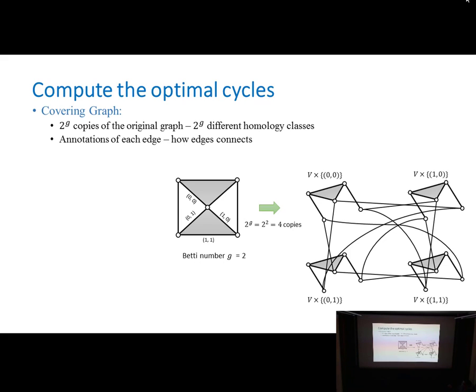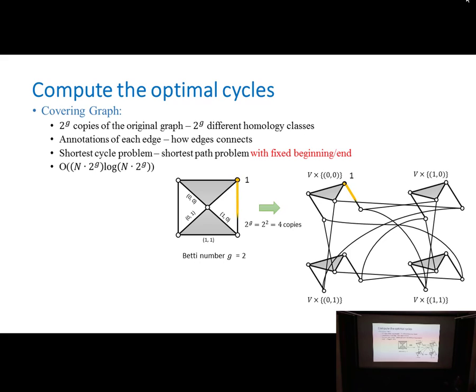And the edges are not lying within the same copy. Some of the edges will go across copies. And the way they go across copies is based on their annotation. Okay, once you construct this covering graph, whose size is actually n times 2 to the power of g.